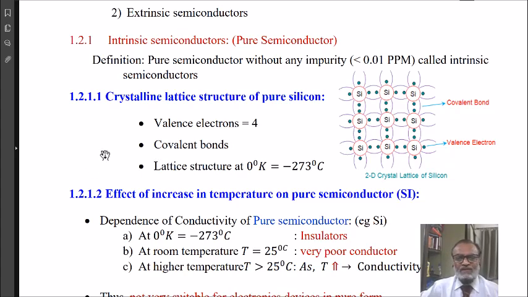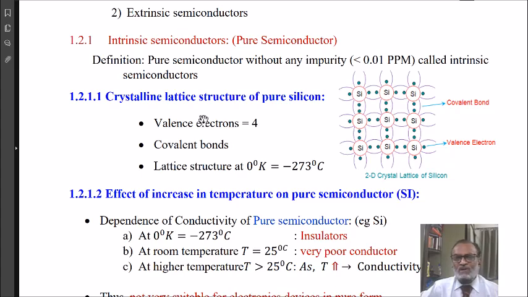Now, what will happen if the temperature is increased? That we will see. When temperature is 0 degree Kelvin, all the electrons in the bonds are tied with each other and there is no free electron available at 0 degree Kelvin.